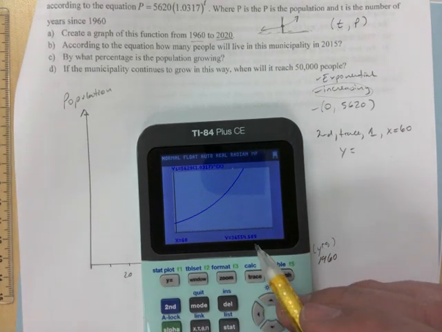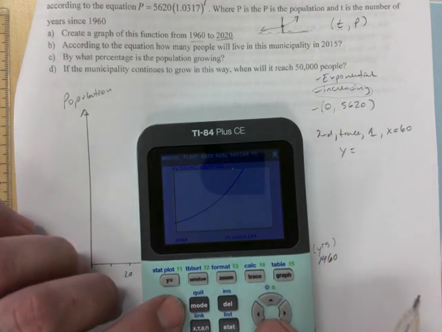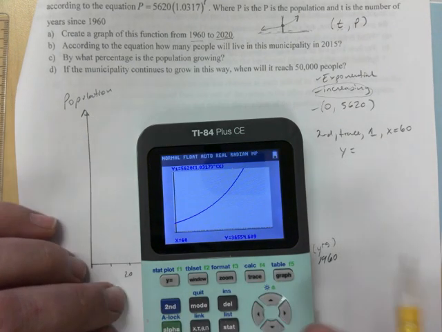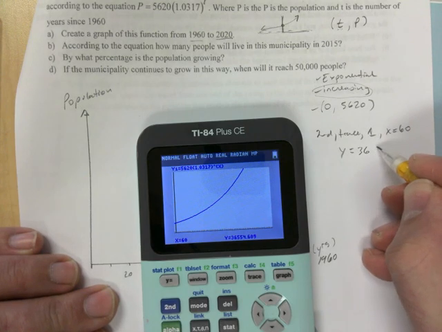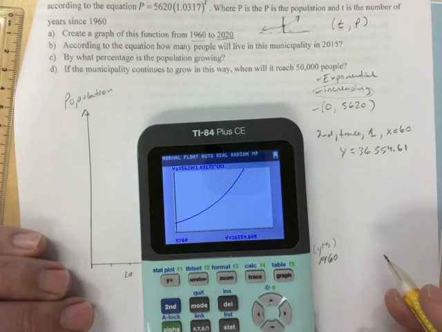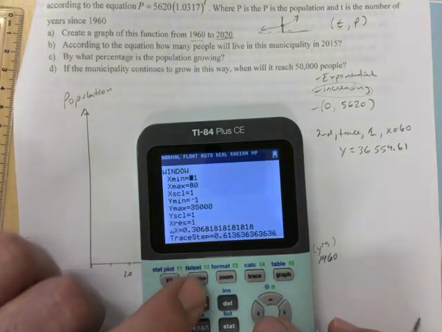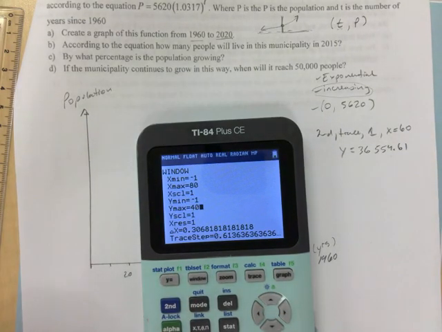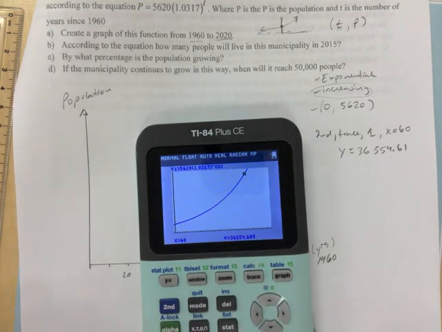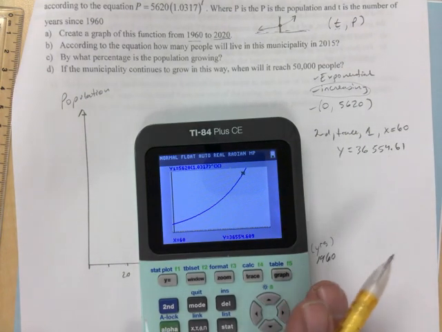It doesn't show up on my graph, but can't see that. That's 36,554.61. Okay, so that's what I need to include. So technically I should have gone 40,000 or something like that, right? Then it shows up on my graph.